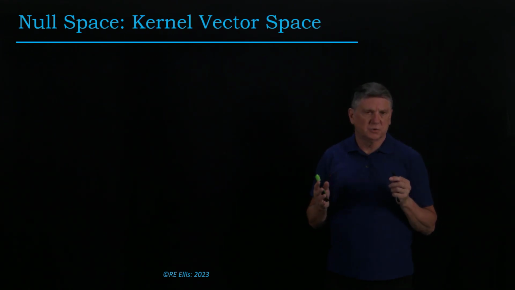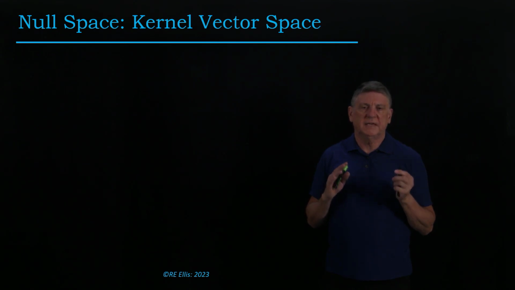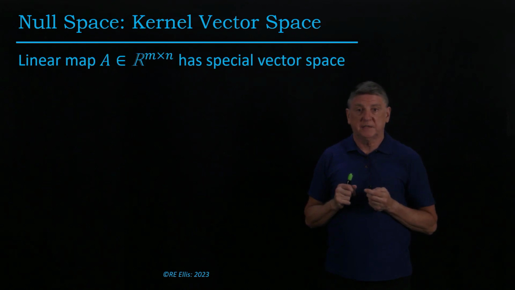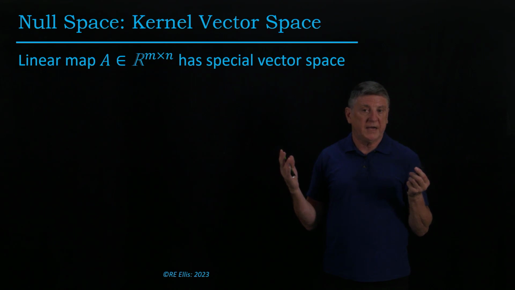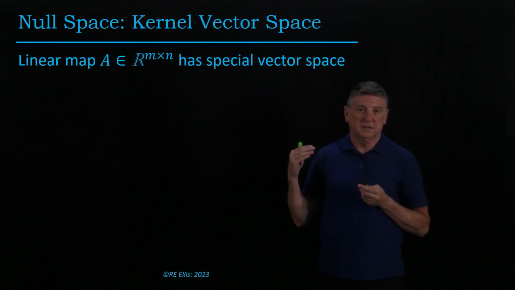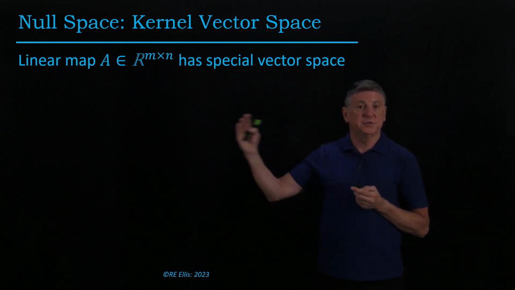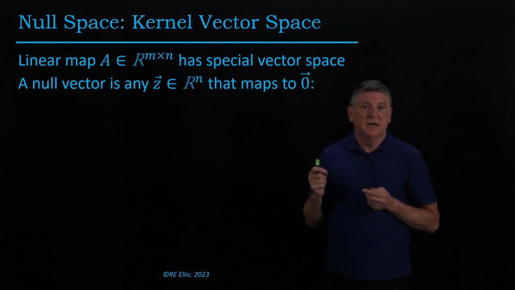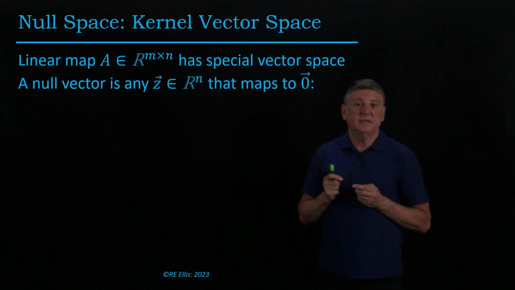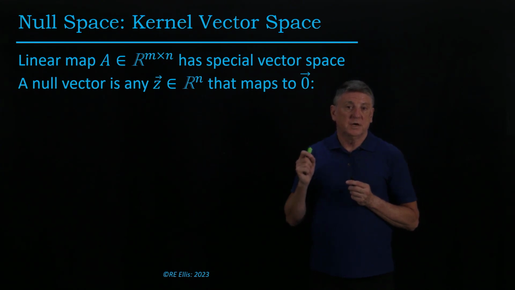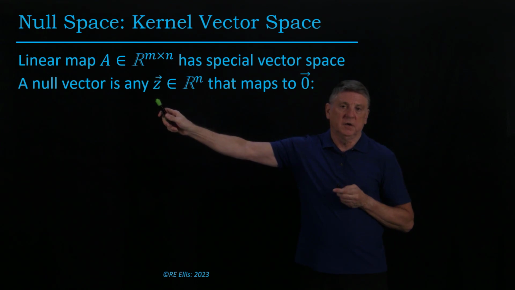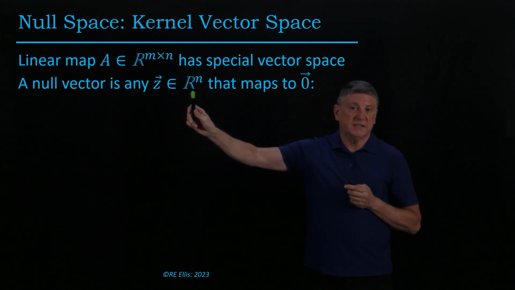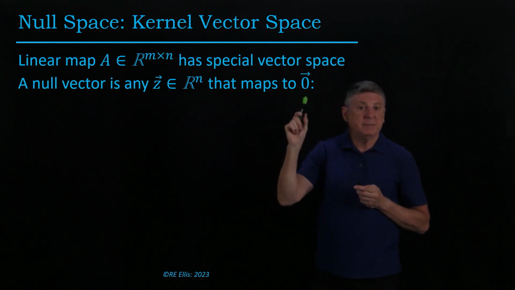The null space, also called the kernel of a map, is also, in our case, a vector space. So now let's consider that same general situation where A is a linear map from size n vectors to size m vectors, and this has a second important vector space. So a null vector we can define, we'll use the symbol z here. So this is a size n vector, and it maps to 0.